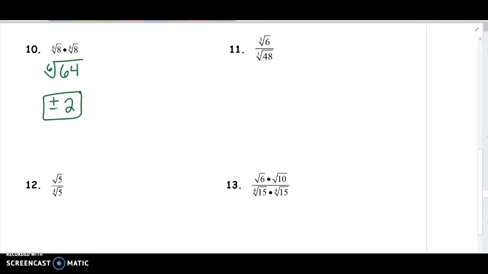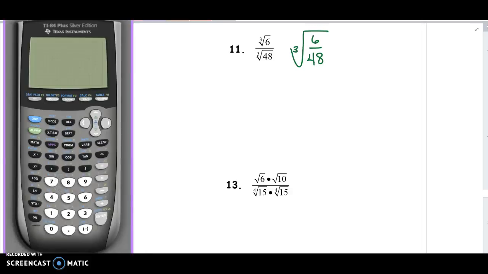Number 11, same index, so we can combine these under the same radical. The 3rd root of 6 over 48. Now, what good does that do us? That's a fraction, 6/48, that we can probably simplify. And if you don't want to simplify it by hand, punch it into your calculator. If you have a newer graphing calculator, you can do alpha y equals, and it gives you a fraction feature.